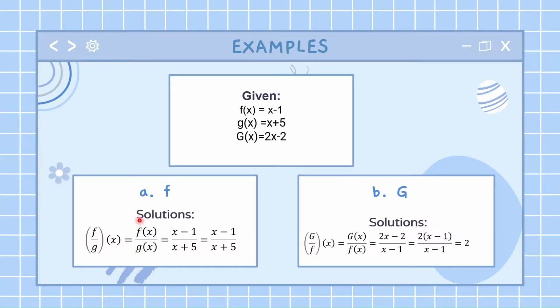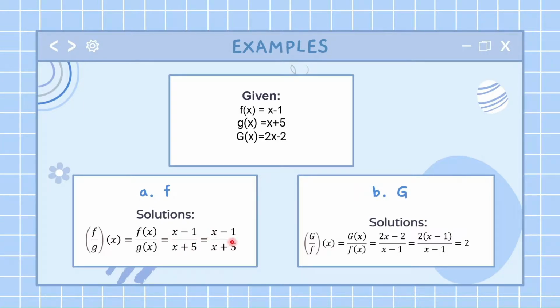Here we have example A. F over g of x is equal to f of x over g of x. Now, substitute. F of x is equal to x minus 1 and g of x is equal to x plus 5. So just substitute. Can we simplify this? No. So this is already our final answer, since we can't do anything with it anymore.